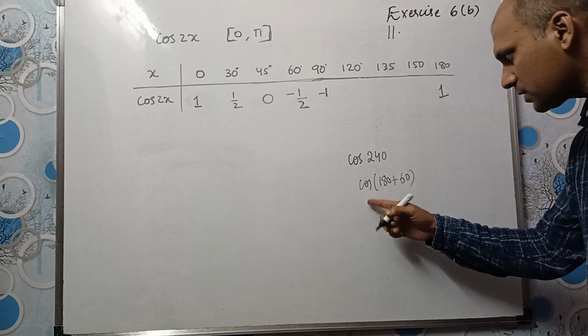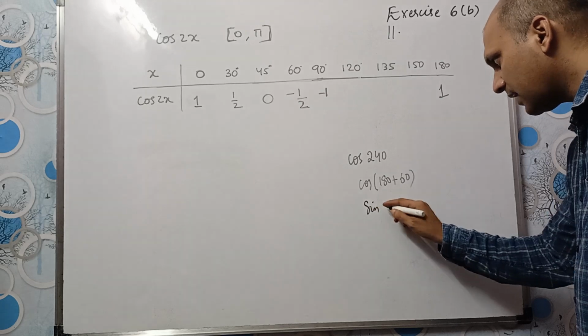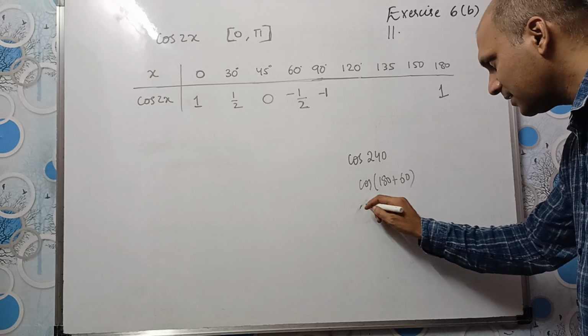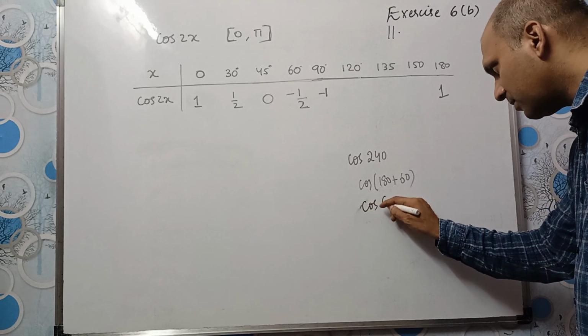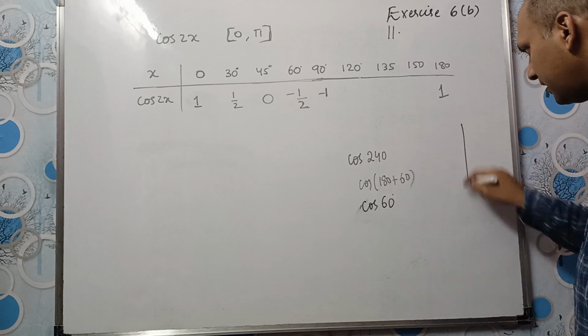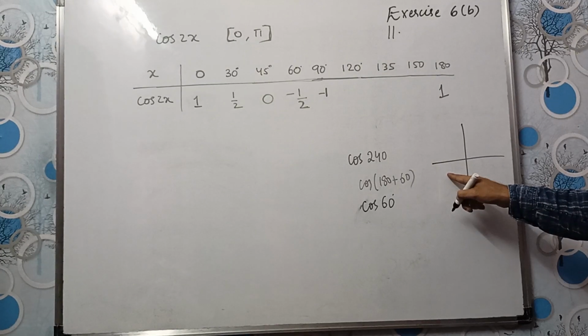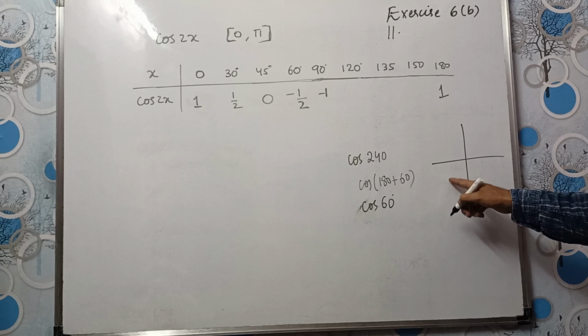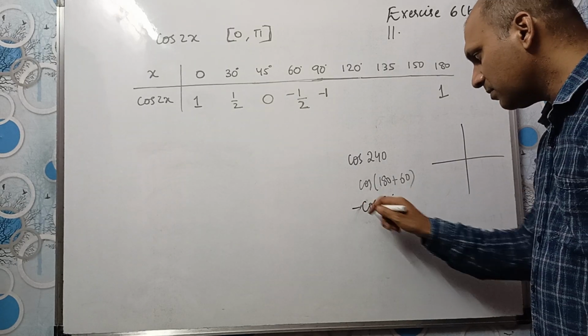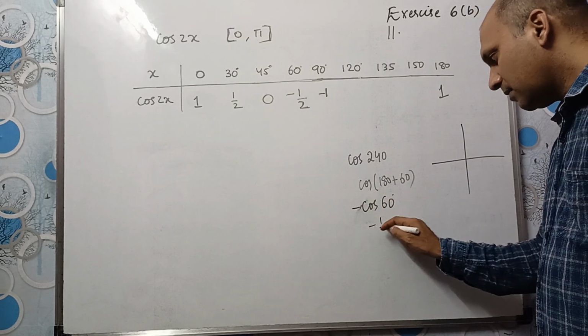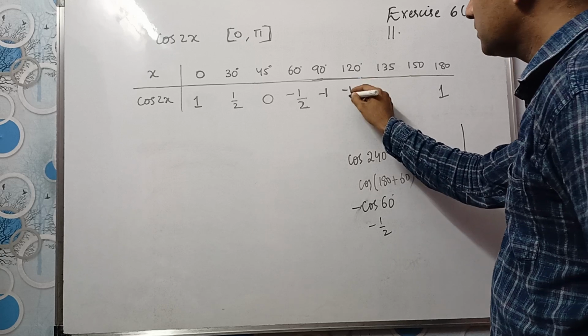At 180 cos will not change, right? So it will be sin, sorry, cos will not change, sorry. Cos will remain cos. It will be cos 60. But 180 plus 60 is in the third quadrant, and in the third quadrant cos is negative. So this will be minus cos 60, minus 1 by 2.